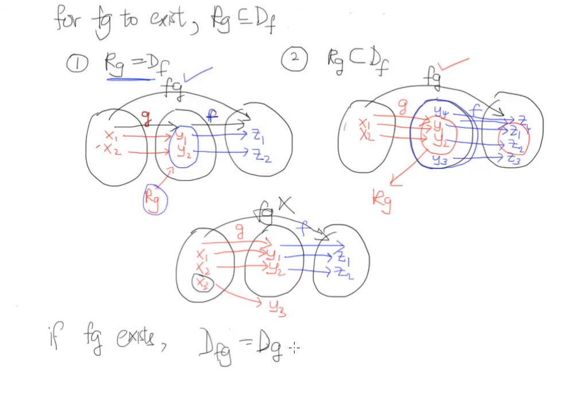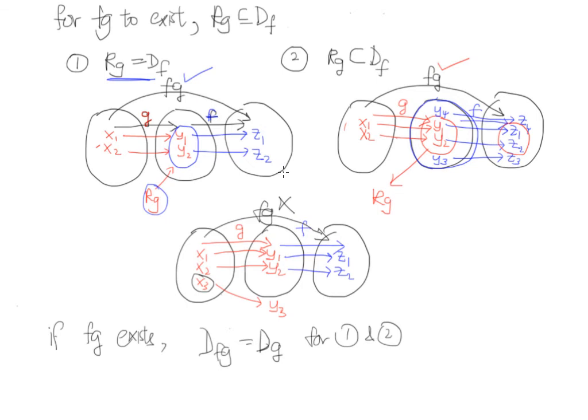This is true for both case 1 and case 2. As long as the fg exists, the domain of fg, which is the domain of the shortcut, will be simply the domain of g. So think about it.